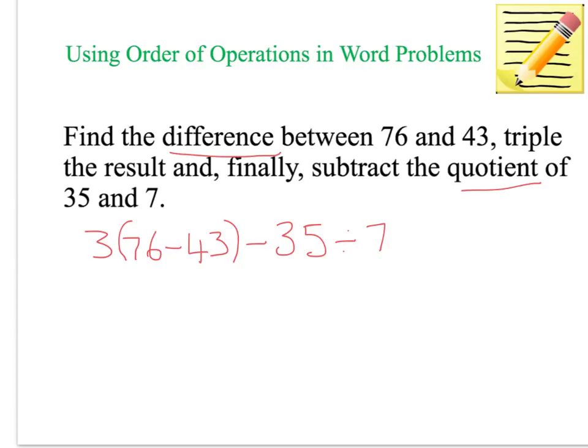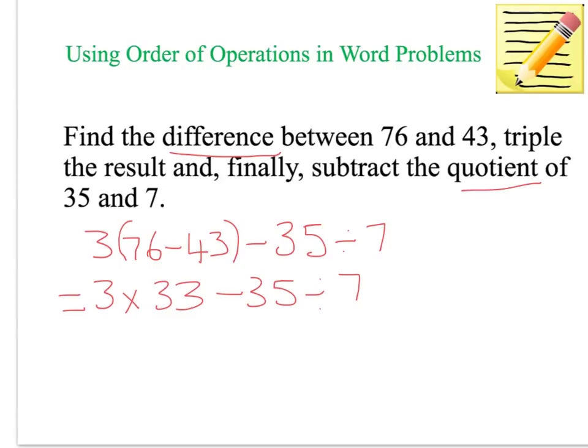Now we need to do brackets first. So 76 minus 43 is 33. Now we're going to have to multiply 33 minus 35 divided by 7. Now we're looking at multiplication and division left to right. So we need to do the multiplication first.